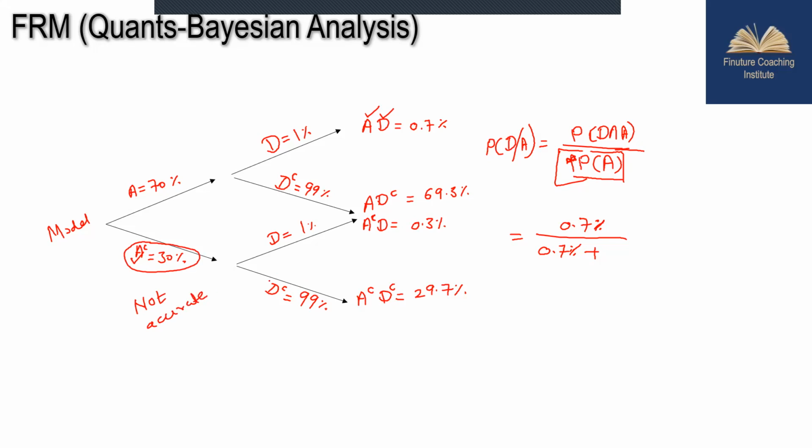Model is not accurate, and it is saying that it will not default. Because your model is not correct and it is saying there will be no default, you will end up having the default.